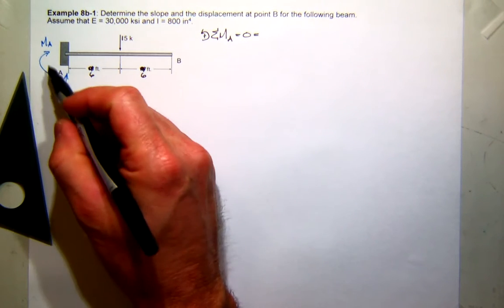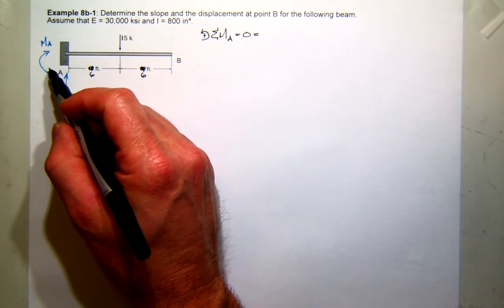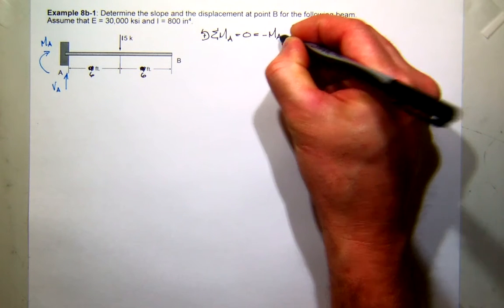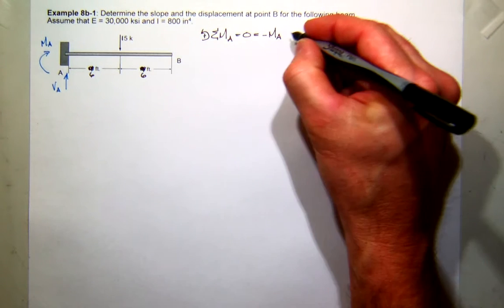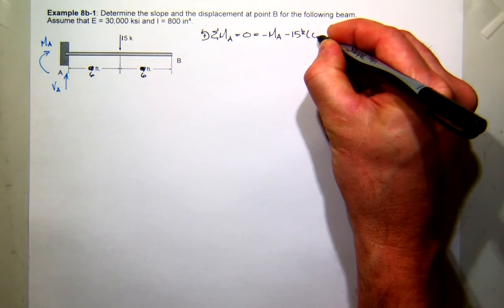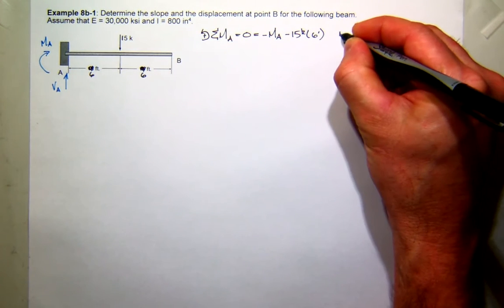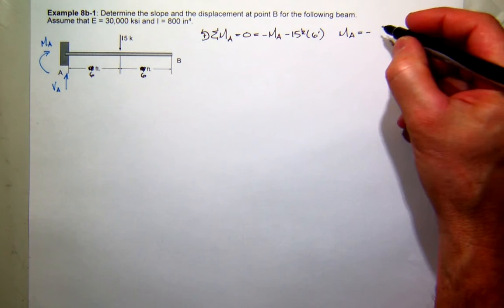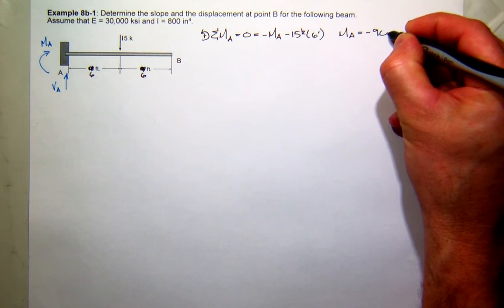And what do we have? We have the reaction moment, which is actually negative, using right-hand rule. And then I have this 15 kip force creating negative moment with the moment arm of 6 feet. So it looks like my moment at A is actually a negative, is that 90? Does that sound familiar?